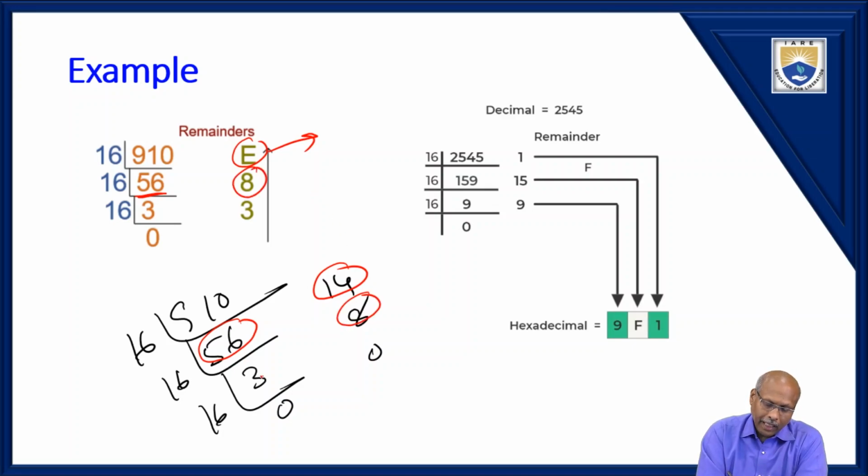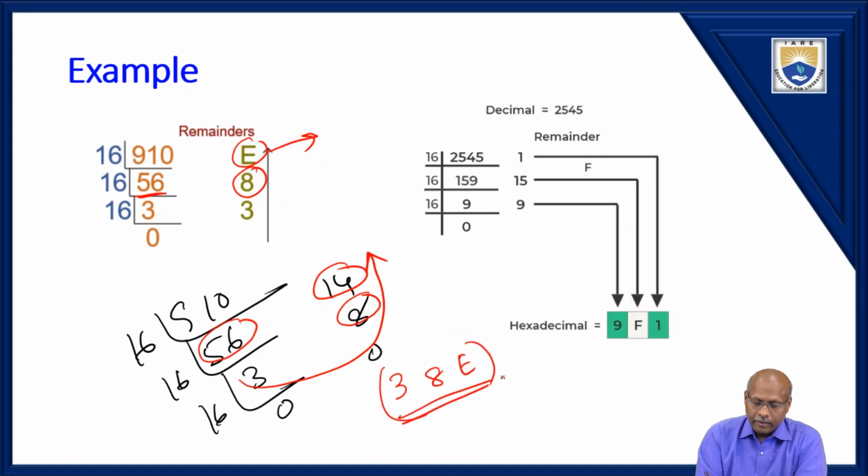Then the quotient is 3, and when 3 comes, you can stop it. So go in the reverse order: 3, 8, E is my corresponding hexadecimal.